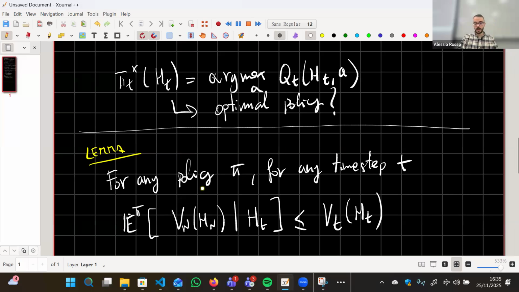So for any policy pi, what we're going to show is that this holds. And then we are also going to see that this holds with equality if we use this pi star here.